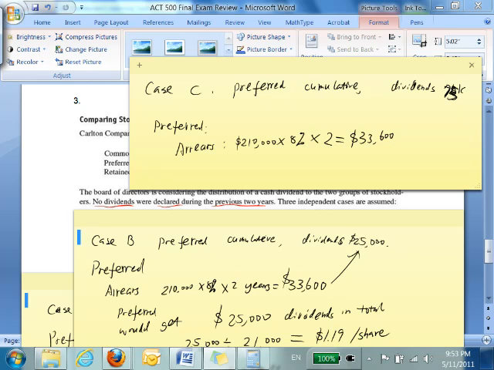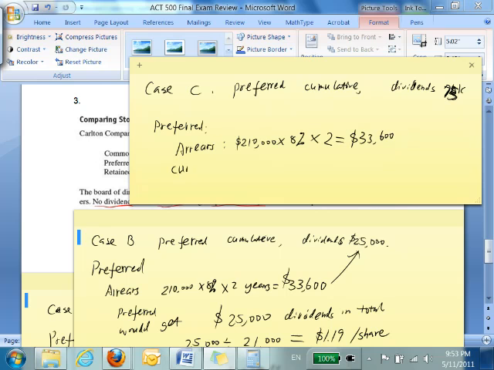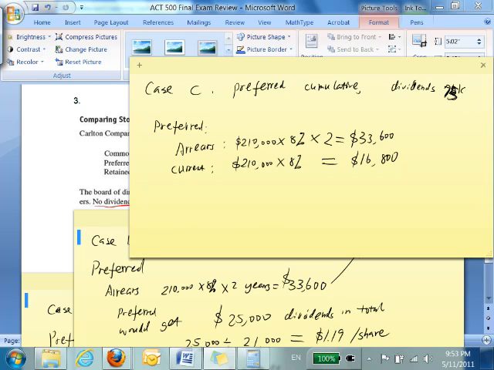And for the current year, they receive 210,000 times 8%, which is 16,800. So in total, they are going to get $50,400.